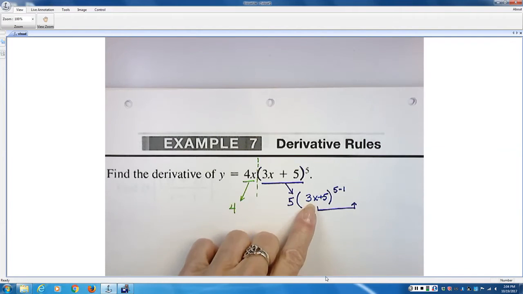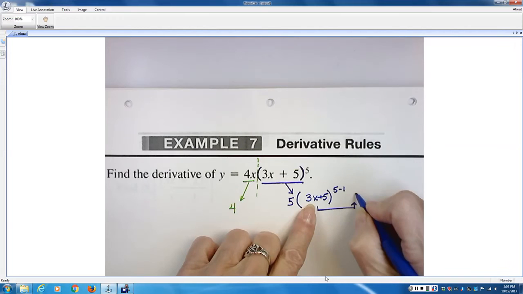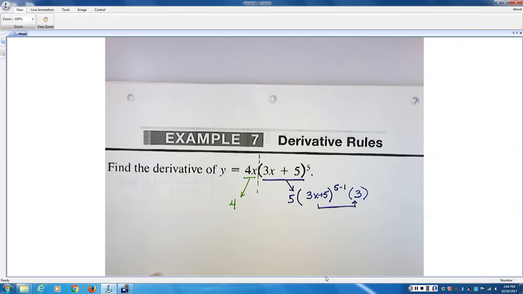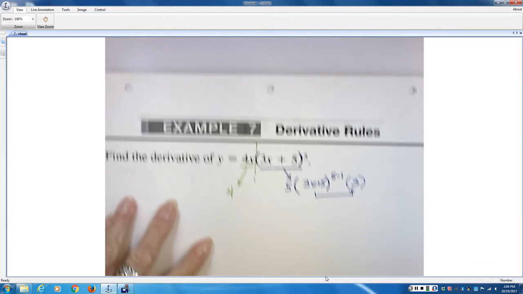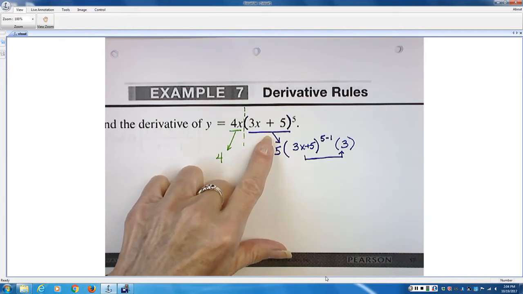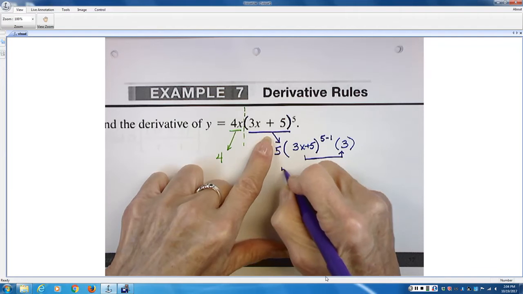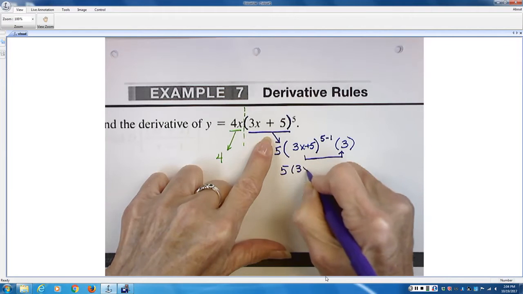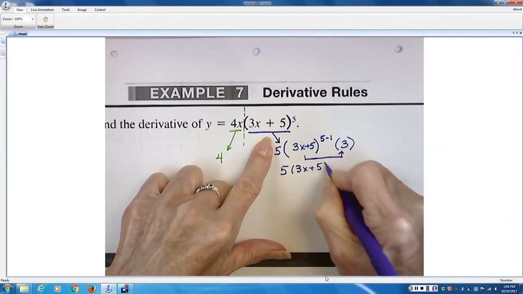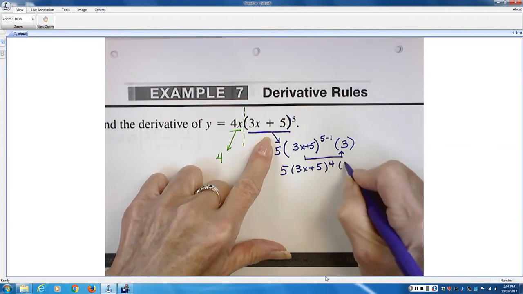So the derivative of 3x plus 5 is 3. So what the chain rule tells us is the derivative of our second factor is 5 times 3x plus 5 to the 4th power times 3.